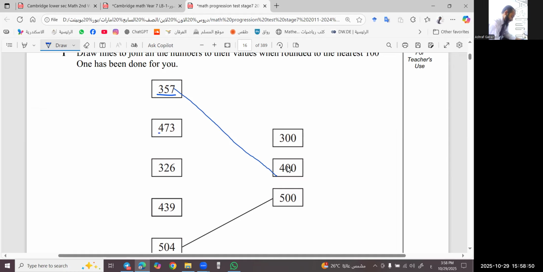Yes, Jain, 470. 500. Round to the nearest 100 and match. Is that 500? Yes. I want to write on the board. 326, Lujain.